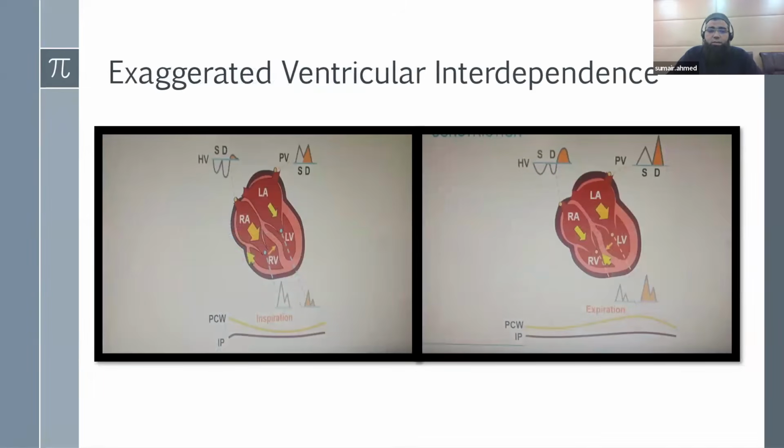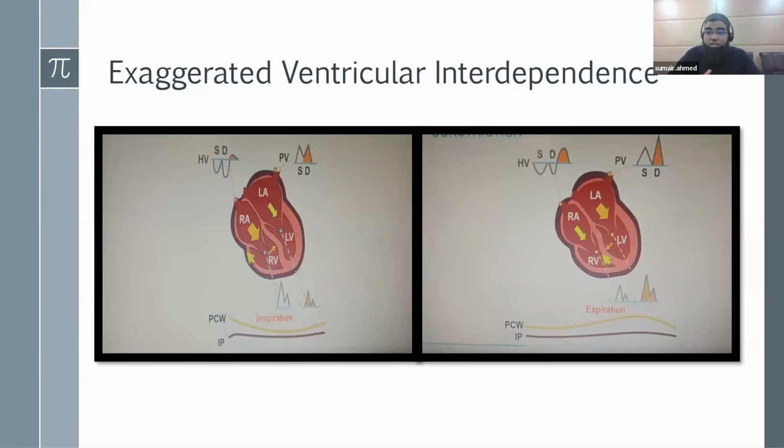The same applies to the exaggerated ventricular interdependence. We all have a little bit of ventricular interdependence because this is our normal physiology, and it is normally about 5 to 10% variation.